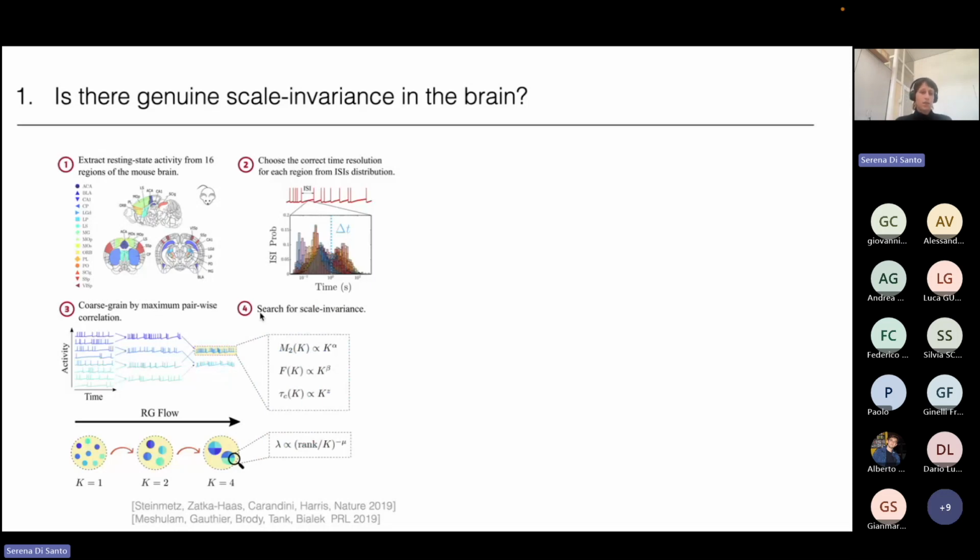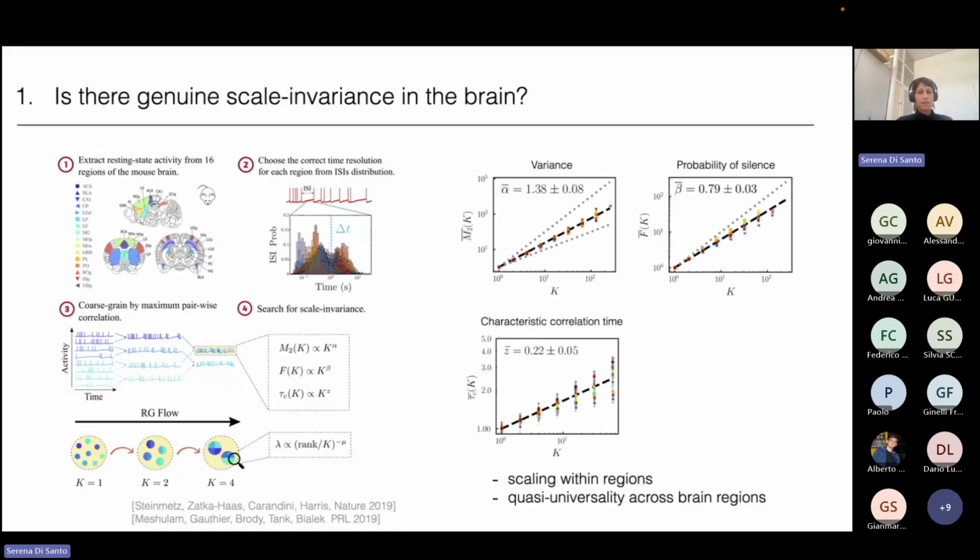And then following Meshulam, we search for scaling invariance. More specifically, what we analyze is the variance across clusters as a function of cluster size.